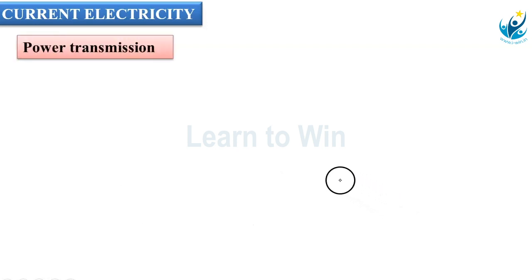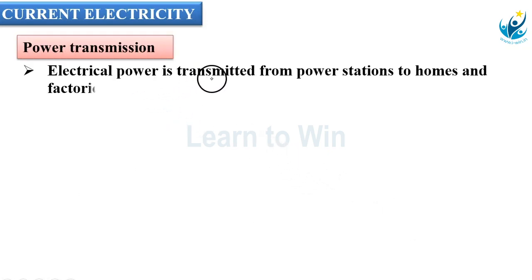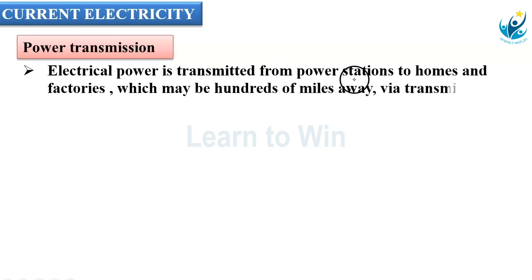Now, power transmission. Usually, electrical power is transmitted from the power station to homes and factories, which may be hundreds of miles away, via transmission cables.